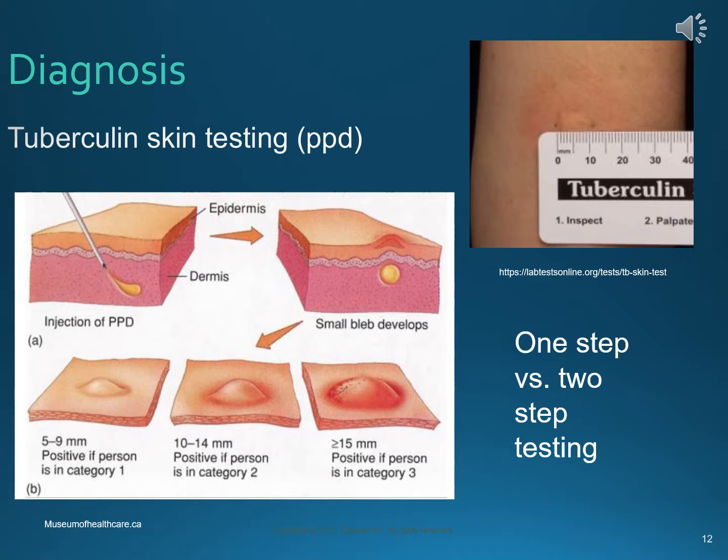So if you do have LTBI, the first step of the two-step wakes up your immune system and causes it to start producing antibodies. The second step shows a reaction because of that antibody production, and that's why it's necessary to have a two-step test. After you have initially had a two-step test, then most facilities will only require you to have a one-step annually after that.